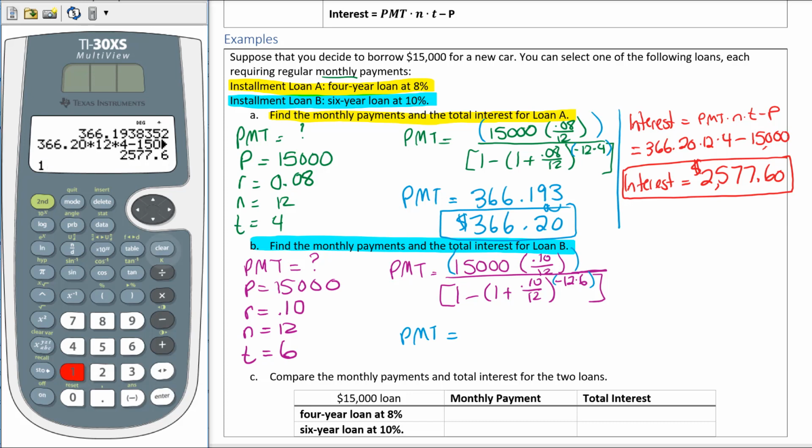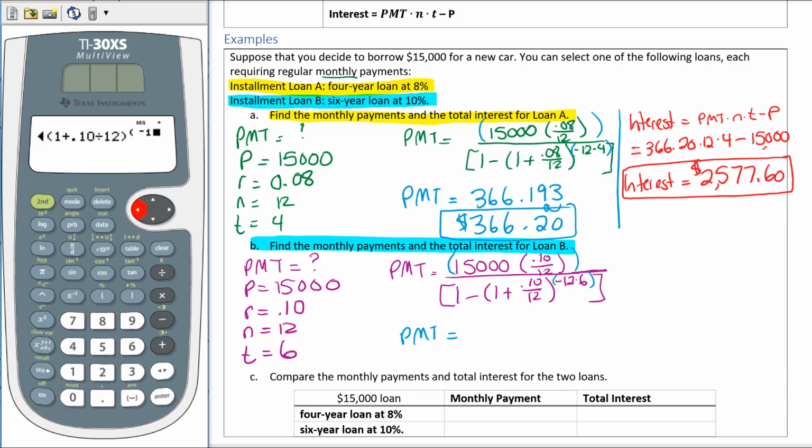I'm going to type in parentheses 15,000 parentheses 10% divided by 12, close the parentheses twice. Divided by, open the parentheses up for the denominator, 1 minus, open another parentheses, 1 plus 0.10 divided by 12, raised to the, that's the caret button, parentheses, negative 12 times 6.